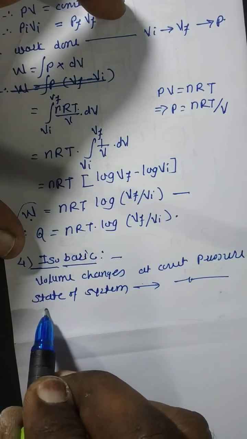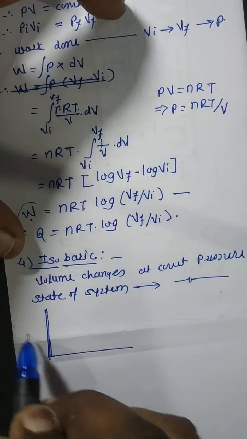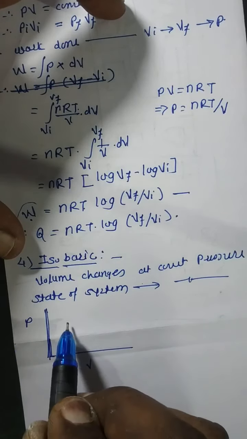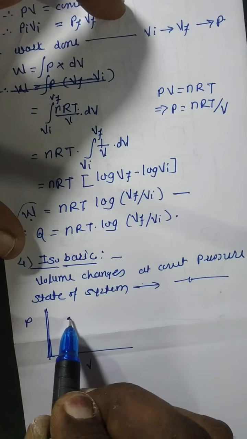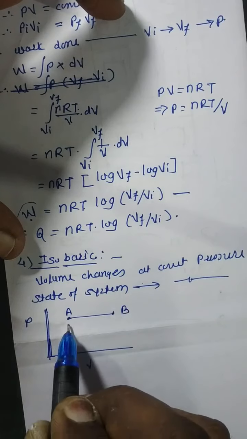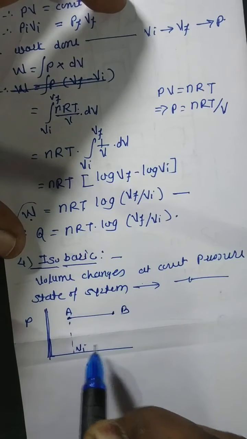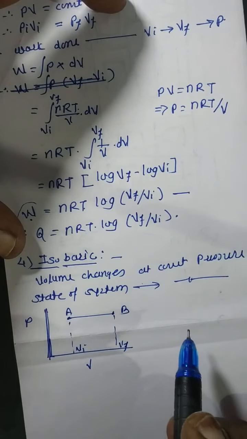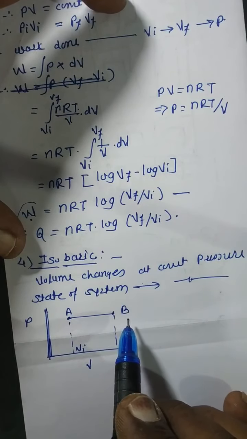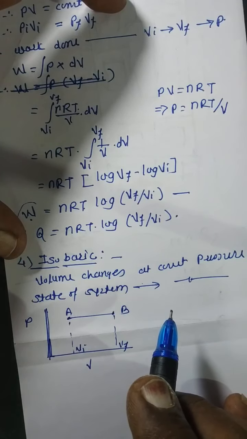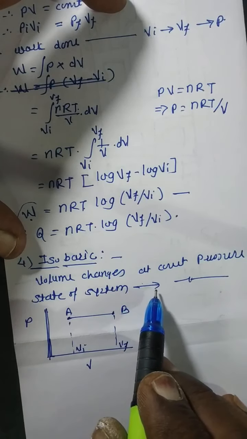Consider the graphical representation. Suppose a graph of pressure versus volume is plotted, then volume changes from Vi to Vf. Suppose A, B. Here suppose volume Vi, here suppose volume Vf. Consider an ideal gas undergoing volume expansion at constant pressure.